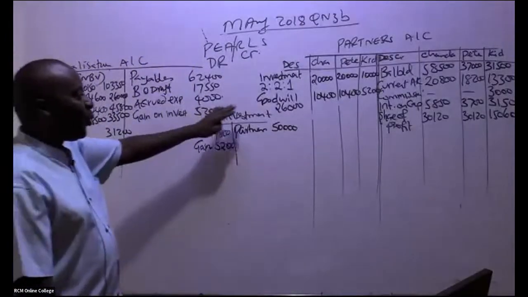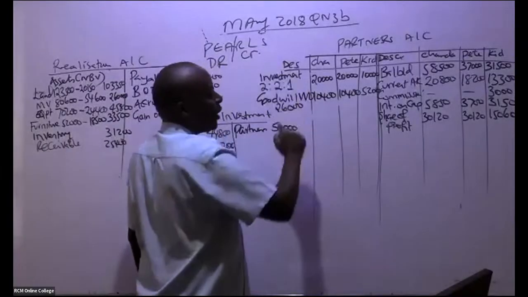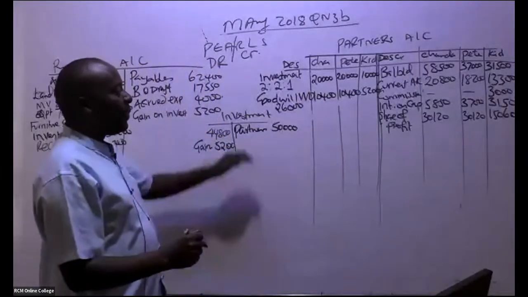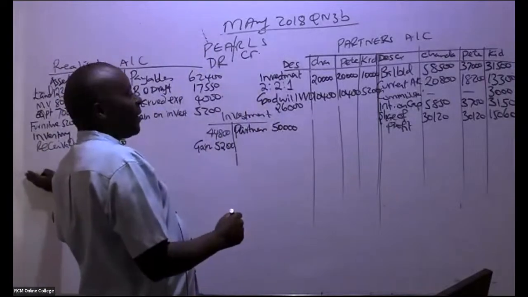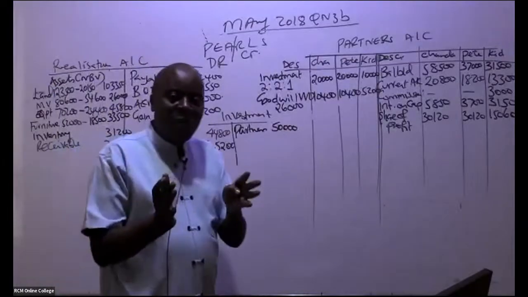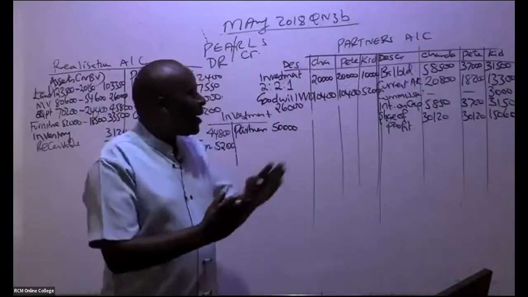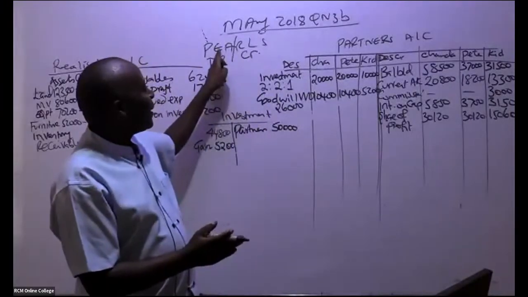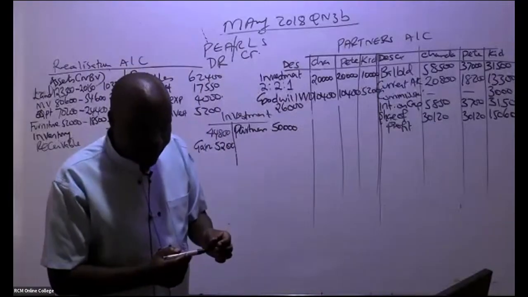So this is goodwill written off. Remember, if it was being taken over by the new company, it would have come here. But in this case, this goodwill is being written off. It's an expense for the partners, and expenses shall always be debited.